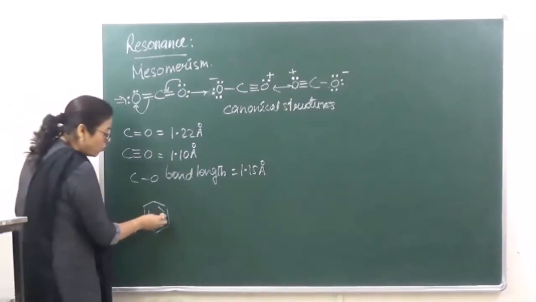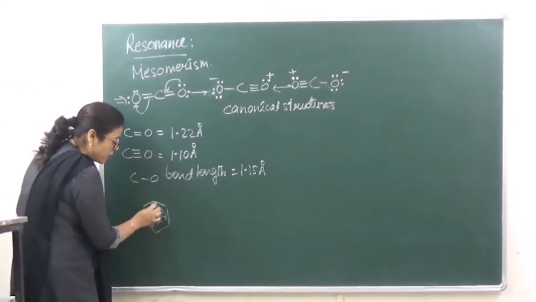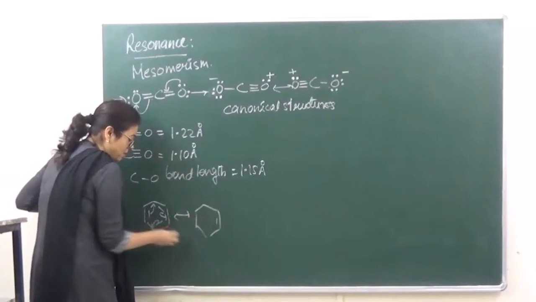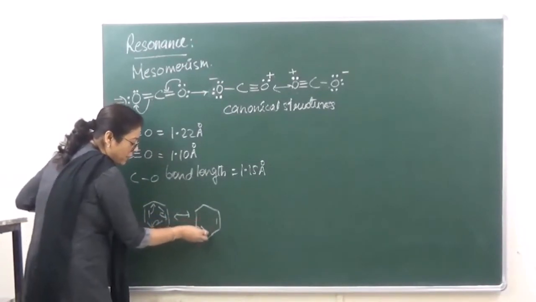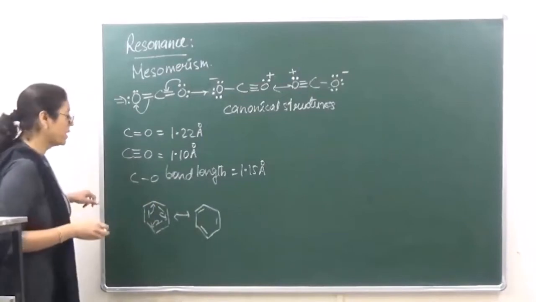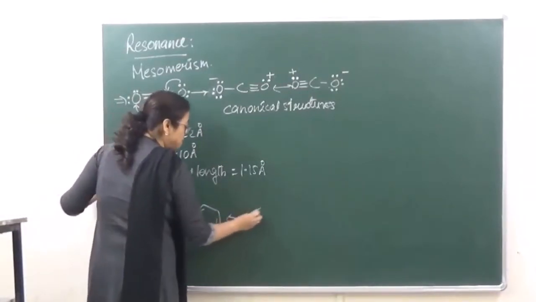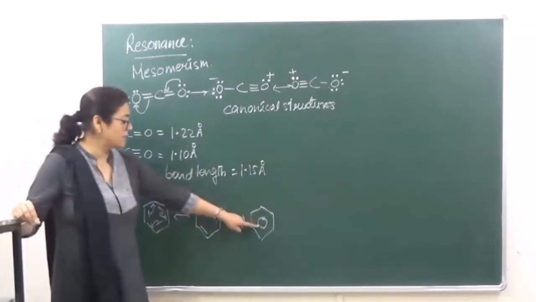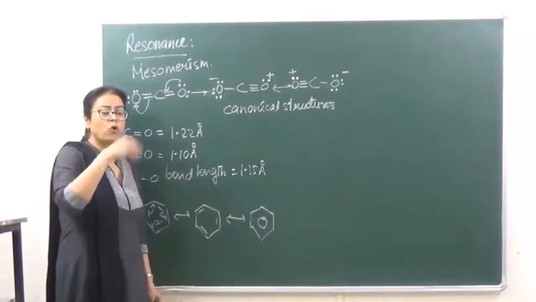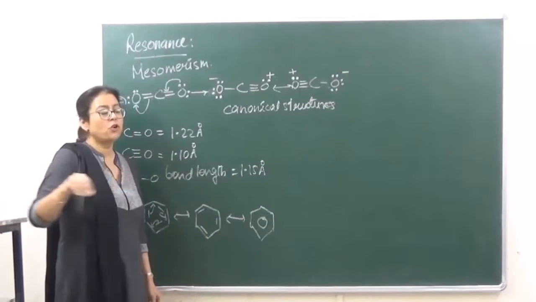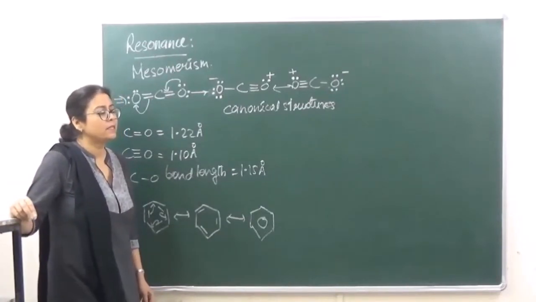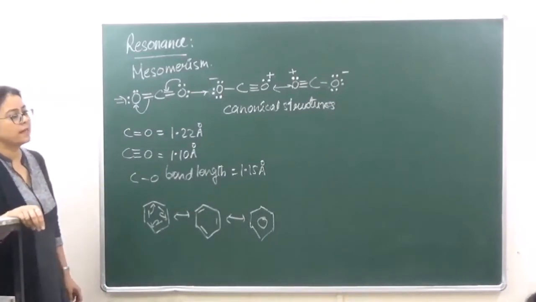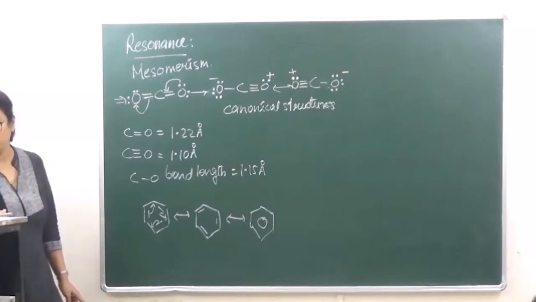Now what will happen here? This shifts here, this shifts here, and this shifts here, such that in the resonating structure this bond has shifted here, this bond has shifted here, and this bond has shifted here, okay. So we generally represent the molecule of benzene as this, where the circle in the center signifies the delocalization of the pi electrons in the entire benzene ring. So over here also the bond length is in between single and double bond, right? So this is what resonance is.